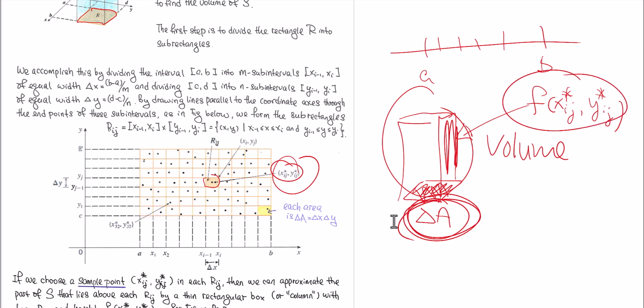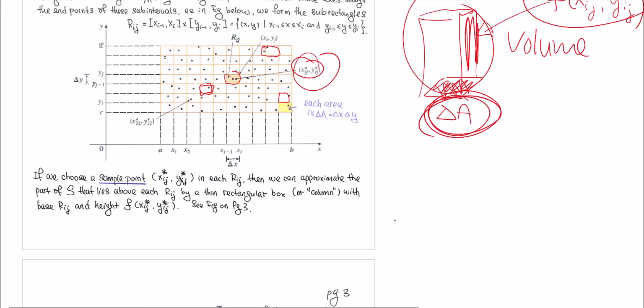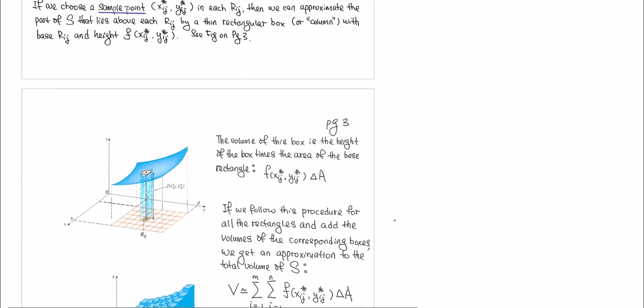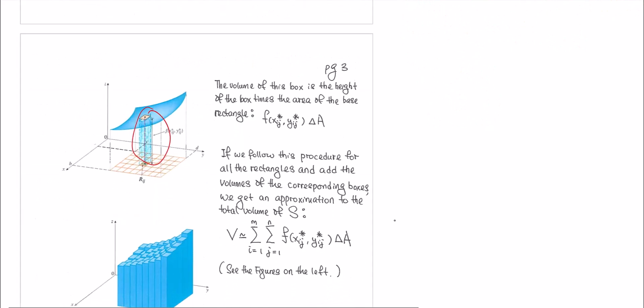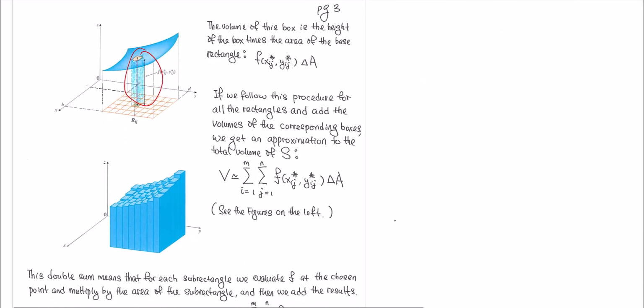If you construct this 3D rectangular cube for every single sub-rectangle, you form something that looks like this. This is for one rectangle, but if you do it for every rectangle, you get this.